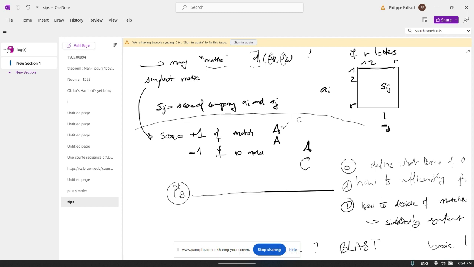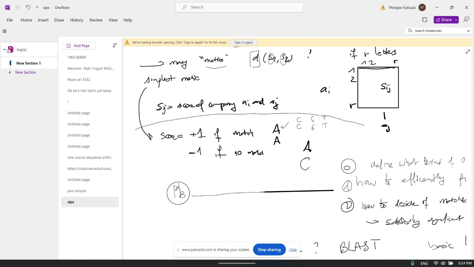Similarly, I would increase my score by 1 if I had CC or GG or TT. For all other cases, for example AC, when the letters at the same position do not match, I would just remove 1 from the score. Very simple. Each time the letters at the same position match, increase by 1; if they don't match, decrease by 1.